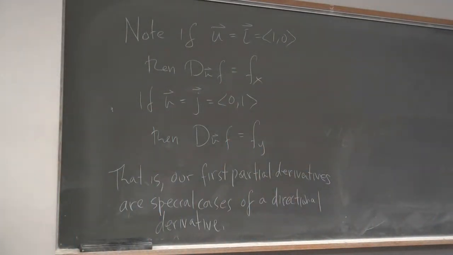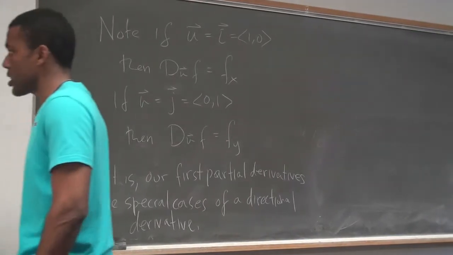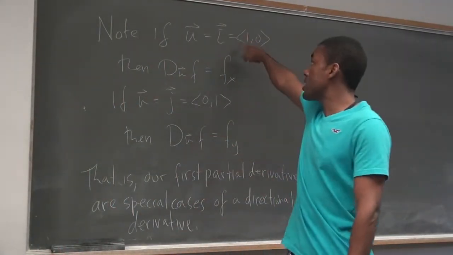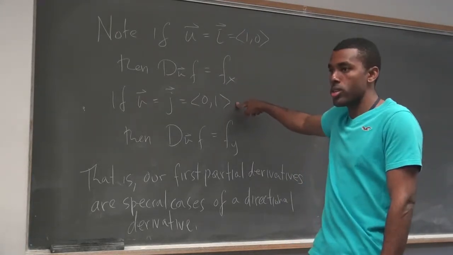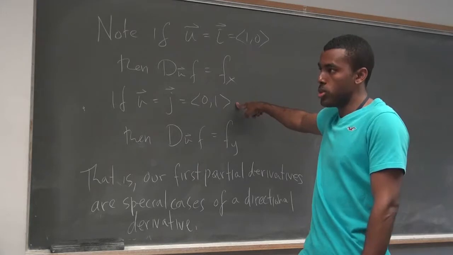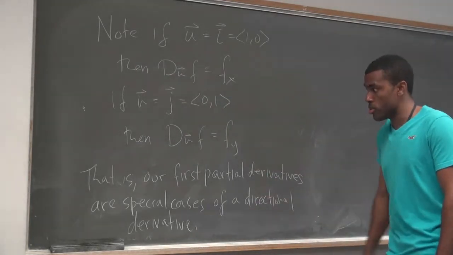So this is the theory of a derivative in general, so to speak, in a particular direction. And if we happen to go in the x direction, we get the partial with respect to x. If we happen to choose to go in the y direction, meaning choosing the positive y as the direction that we're moving in, we get the partial with respect to y.